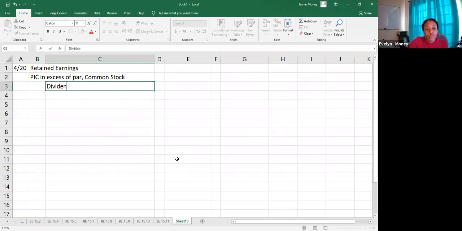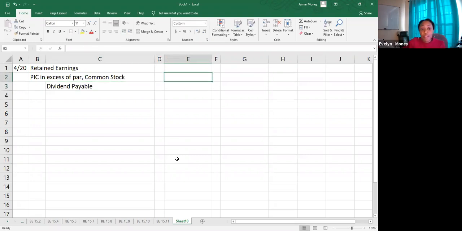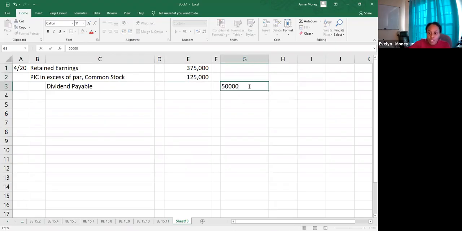And the credit still goes to dividend payable. The return of capital is the debit amount to paid-in capital in excess of par. Retained earnings is just the rest of it. So the total dividend was $500,000. So the credit of $500,000 goes to dividends payable.